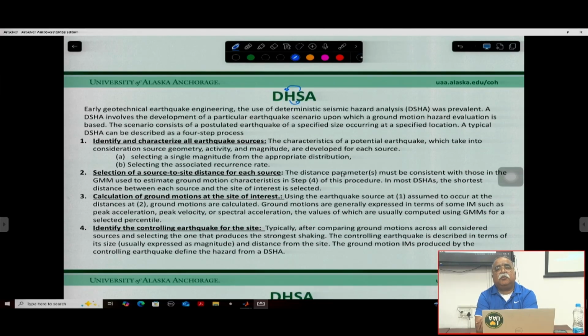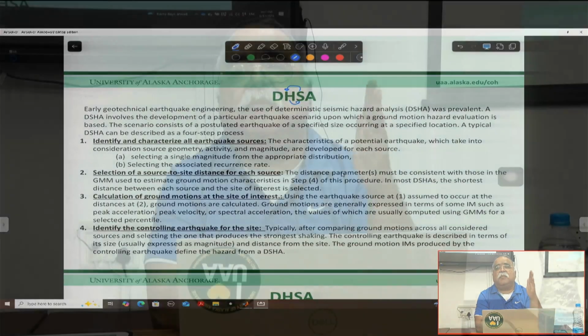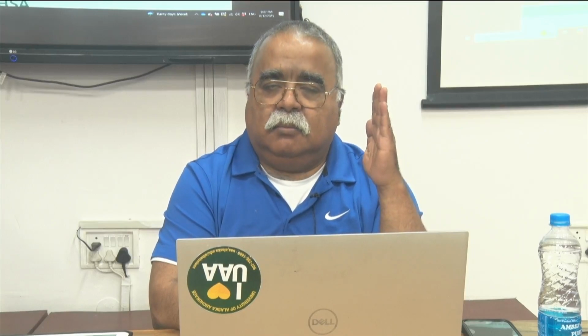That means if you know that this site will have a 6.5 magnitude earthquake that this fault can produce, at a distance of maybe 50 kilometers, I calculate what will be its ground motions, either the spectral acceleration or the PGA, from the attenuation model, and that gives the probability values.